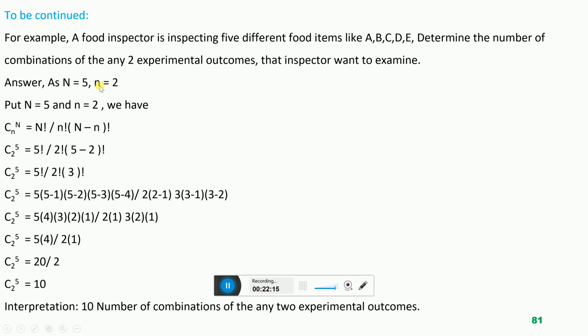Now N is equal to 5 and n is equal to 2. We will put these in the combination formula.